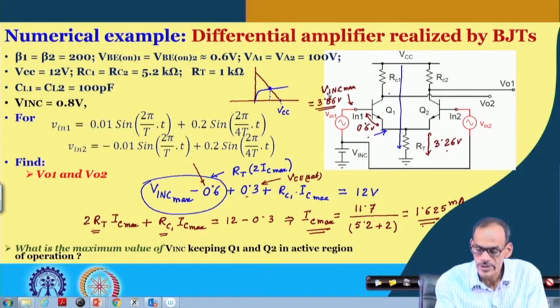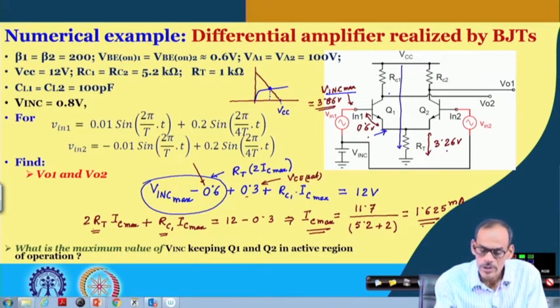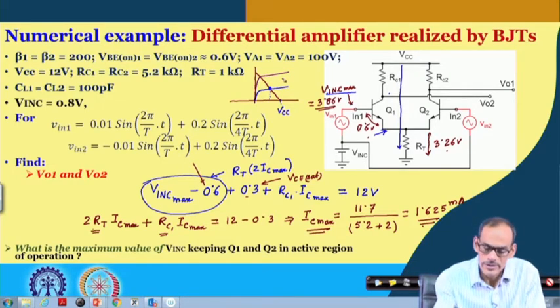And in this case, if I consider V_in_C max, the corresponding device characteristic is going towards the extreme, namely it is going somewhere here, and keeping the device just at the saturation limit.